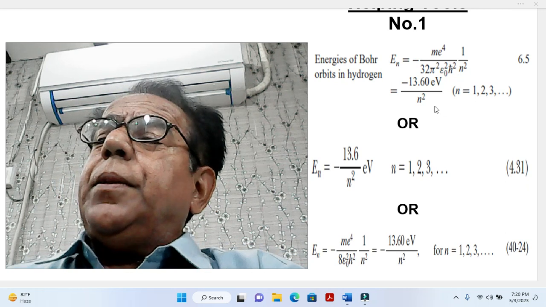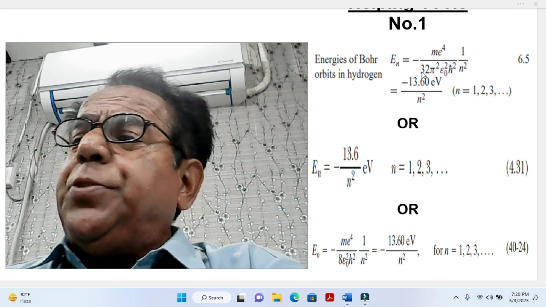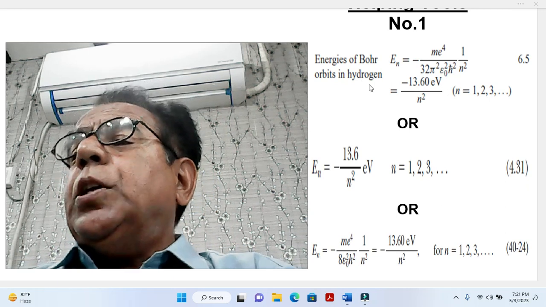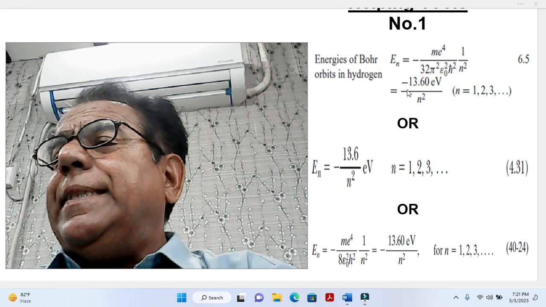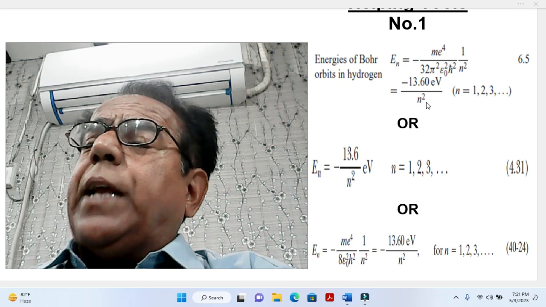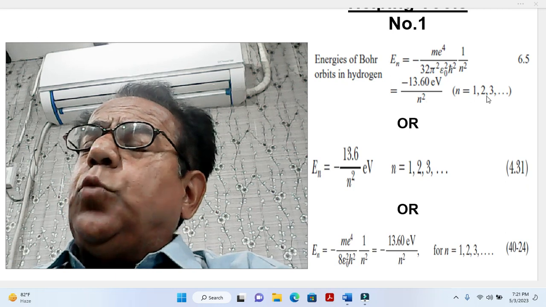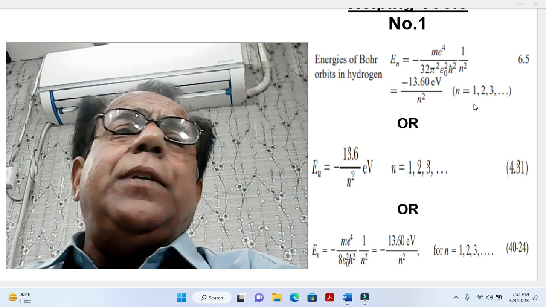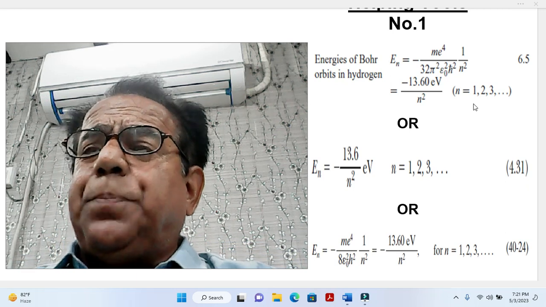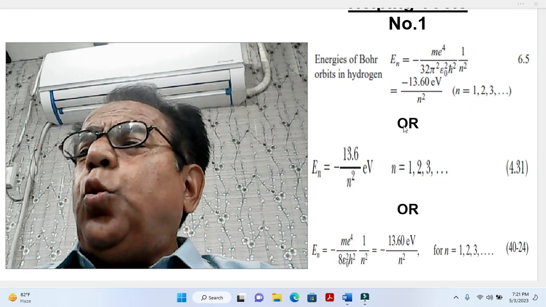We will use just this second expression, En is equal to minus 13.60 electron volt over n square, where n is equal to 1, 2, 3, 4, 5, and n equal to 5 is our given state in the problem.